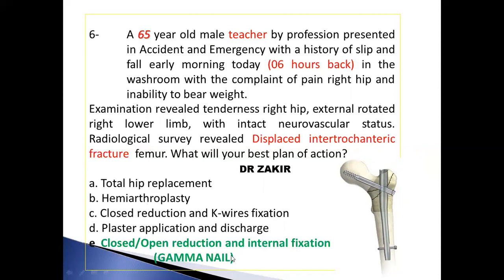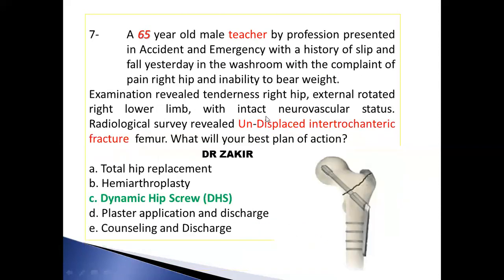So if they give you the option of gamma nail in intertrochanteric fracture femur, displaced or undisplaced, we have to click for the gamma nail. In the past, we had the option of fixation of intertrochanteric fracture femur, displaced or undisplaced, with dynamic hip screw. So if the option is dynamic hip screw, go for dynamic hip screw.